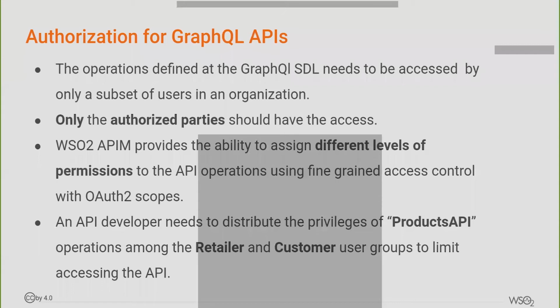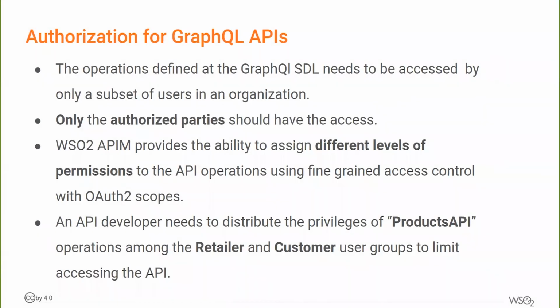There are several user groups assigned for specific tasks in any system. There can be some operations which need to be accessed by only a subset of users in an organization. So again, GraphQL API developers raise a question: how can we limit this API access, how can we make sure that only the authorized parties have access to a particular operation?